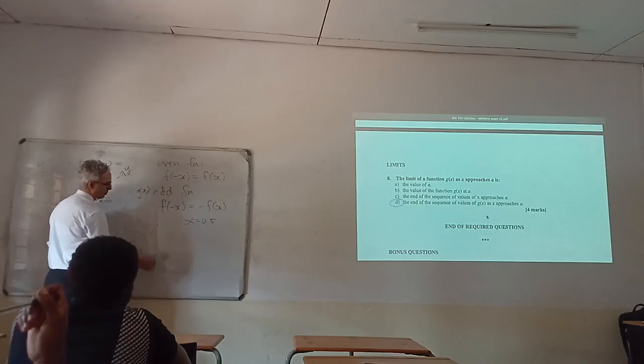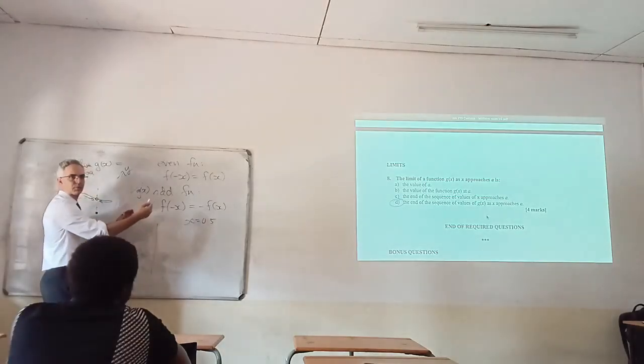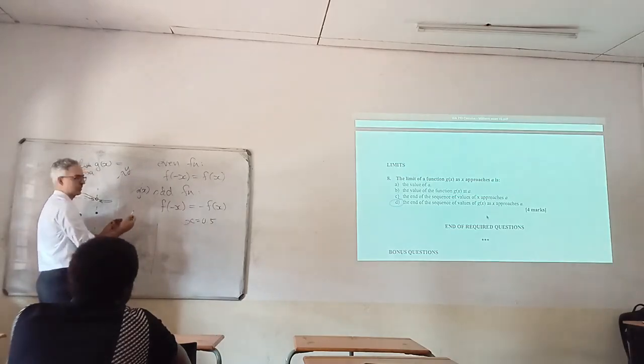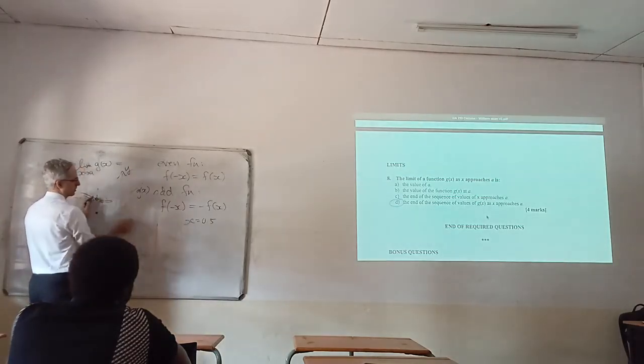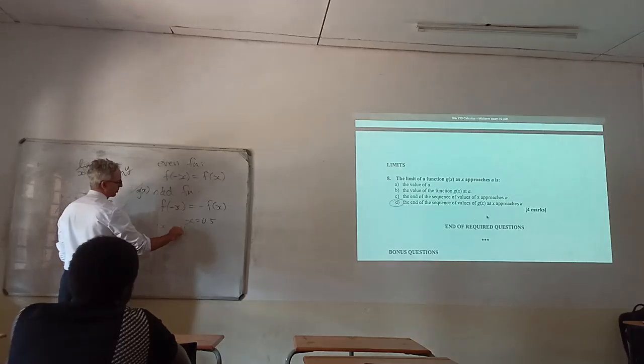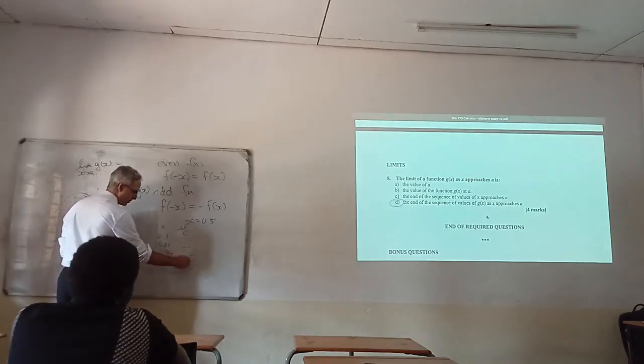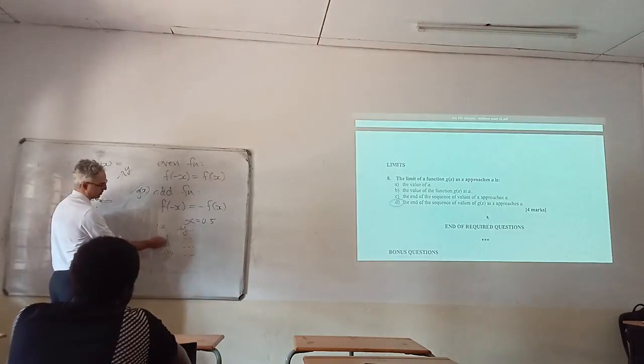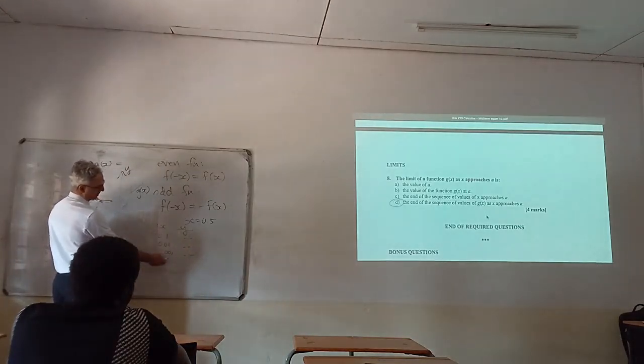The end of the sequence of values. So a sequence, you remember we did those tables. If x is 0.1, 0.01, 0.001, 0.0001, right? As you get closer and closer, then what was the y? If this was 0.1, 0.01, 0.001, then this is a number, and these numbers are a sequence. Yeah? As the x gets closer and closer to a, in this case, a would be 0, we're getting closer to 0.